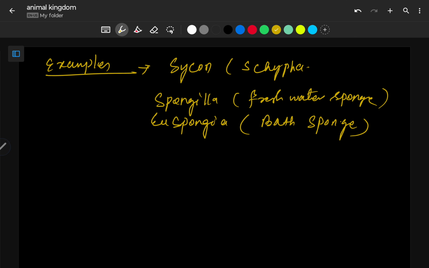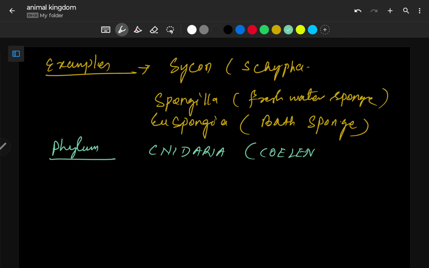Now come to the next phylum, that is phylum Cnidaria or Coelenterata. Okay, so let me first tell you the general characters. They are aquatic, okay, and mostly marine.